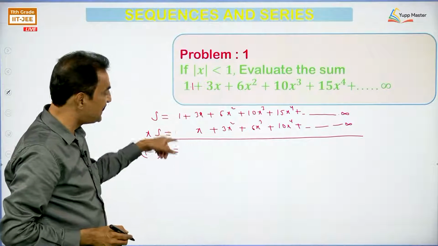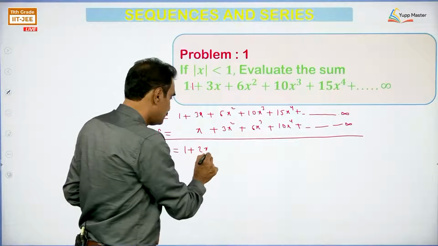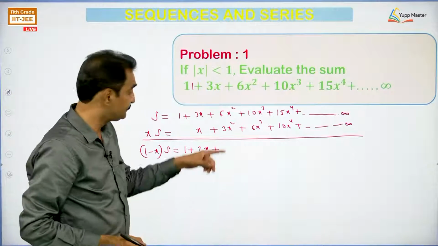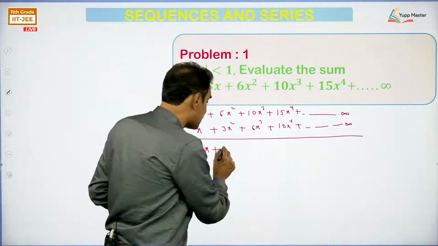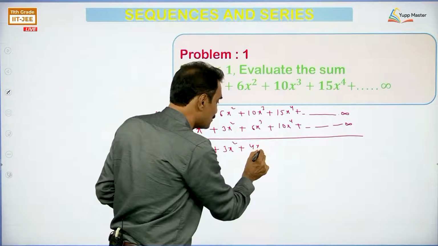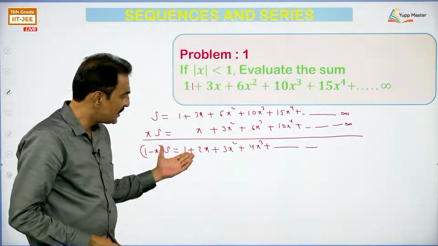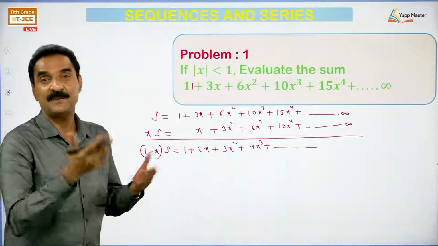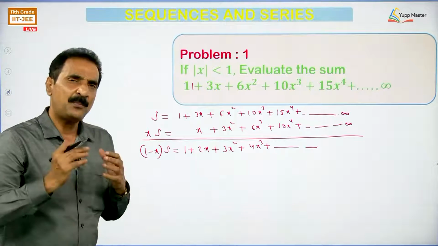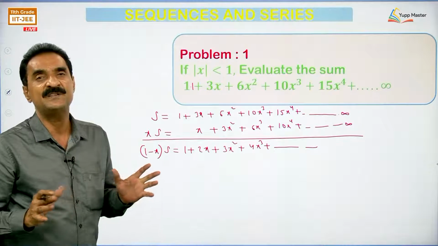This minus this, 1 minus 0, 1. This minus this, 2x. This minus this, 3x square. Next, this minus this, 4x cube and so on. What is this now? It is AGP. Now you can apply the AGP formula. Suppose you don't remember the formula for the sum of an infinite AGP.